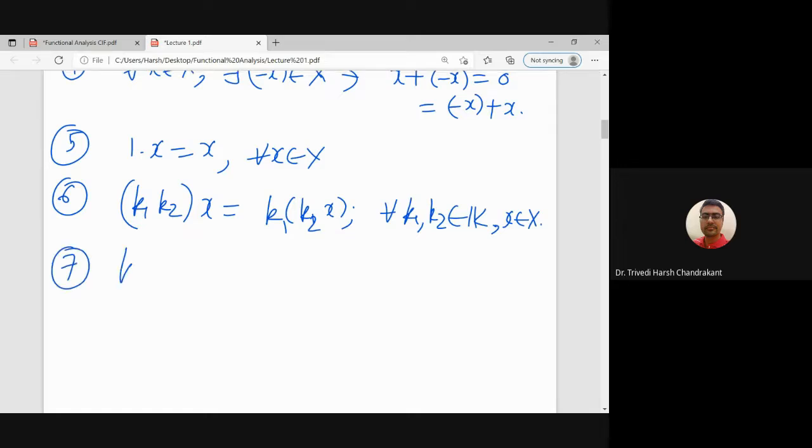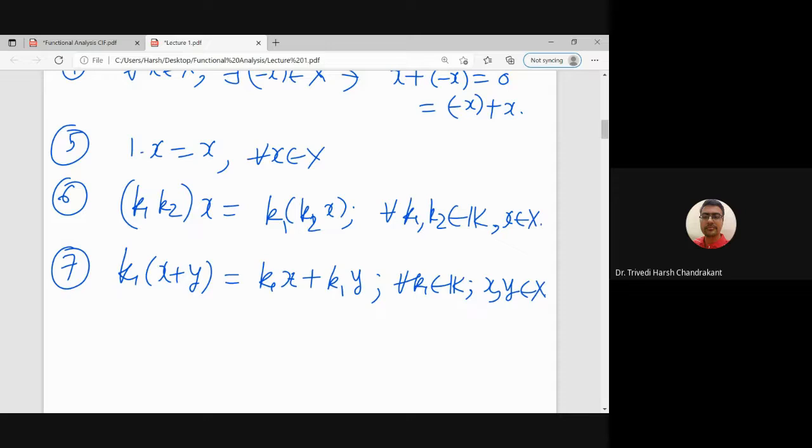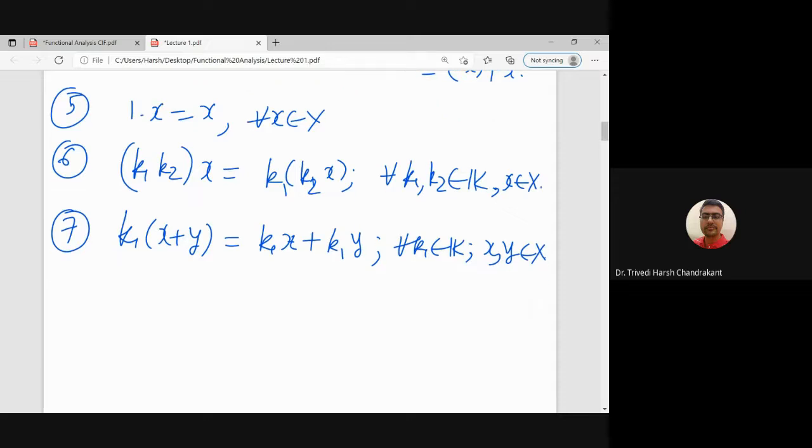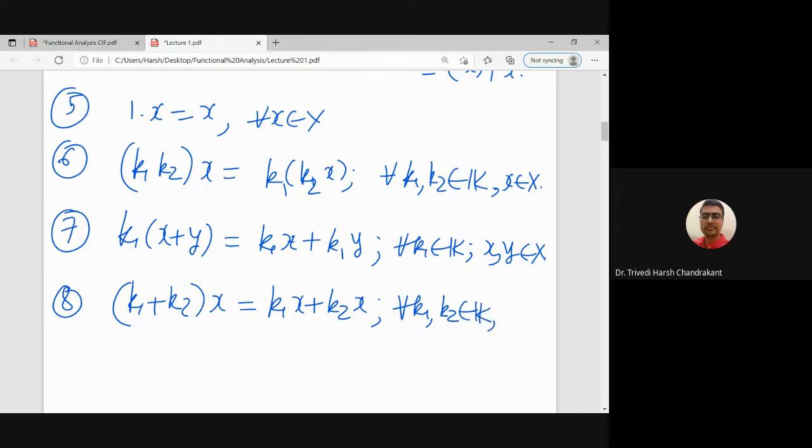Anyway, this is elementary, but still, if you have any doubt, you may stop me and ask the question. So these are the distributive laws. There are two distributive laws. The first one is this one, and the second one is (k1 plus k2)x is k1x plus k2x, for every k1, k2 in K, x in X.